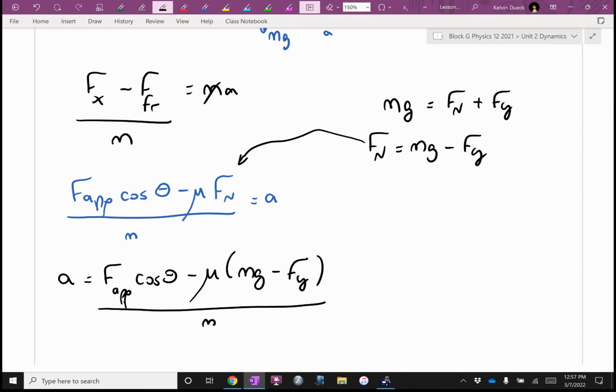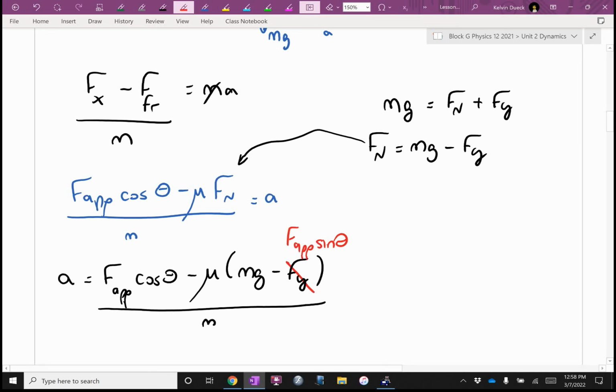Oh, FYI. On a test, I would rewrite this meticulously and carefully. Is this a test? Brea, I'm going to be lazy and just go F app sine theta. Now let's plug in numbers, because this is complicated enough.